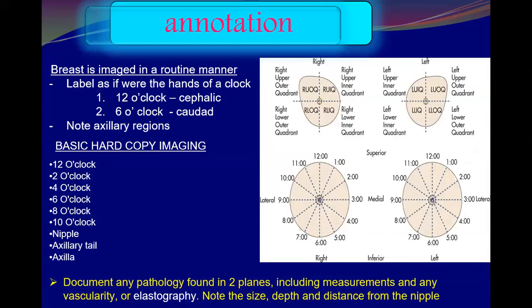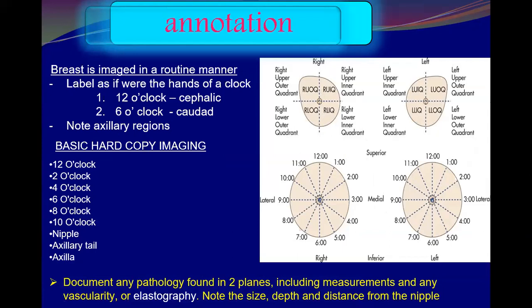So the breast image in routine manner is labeled as if the hands of a clock. Usually, 12 o'clock is cephalad and 6 o'clock is caudad. You know that when you look at the breast.